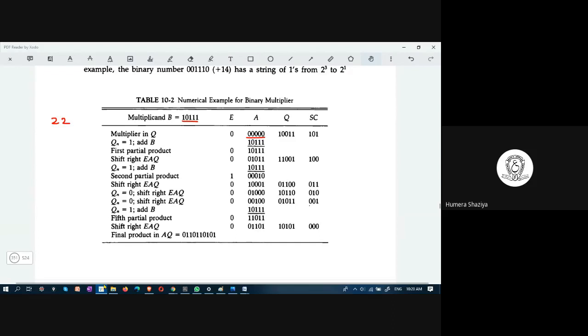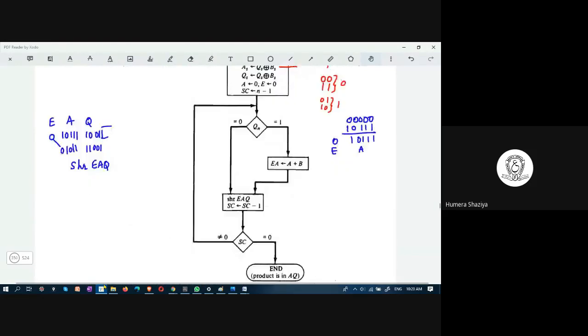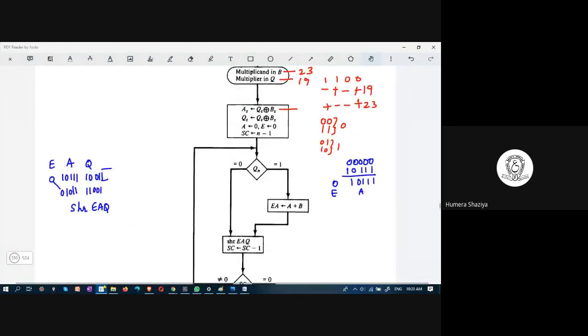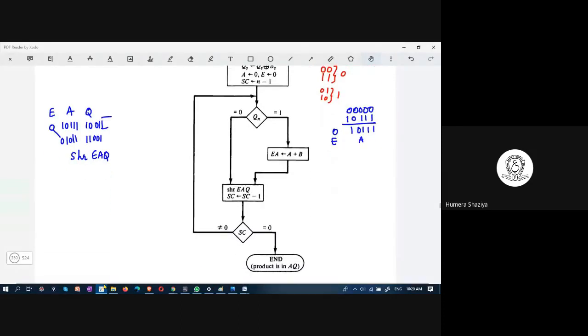The first step is to check Qn. What is the value of Qn? If it is 1, A plus B is added. A is the accumulator, initially 0, since we are doing this for the first time.